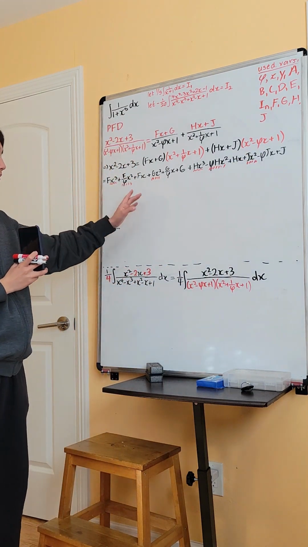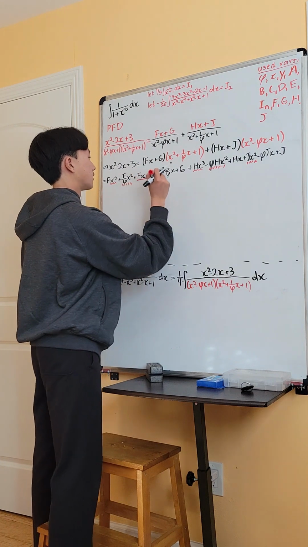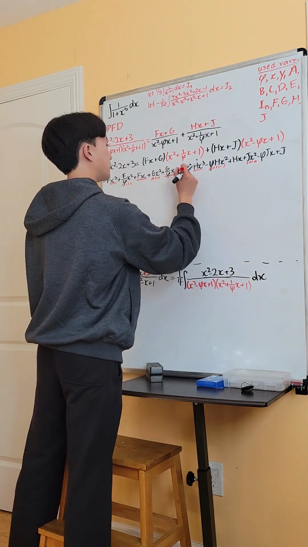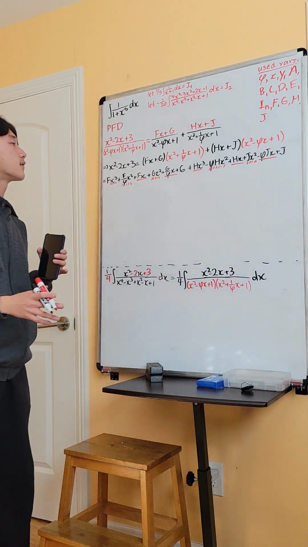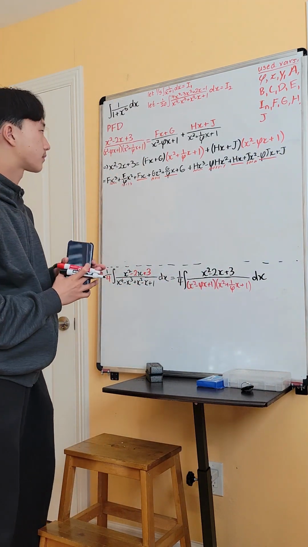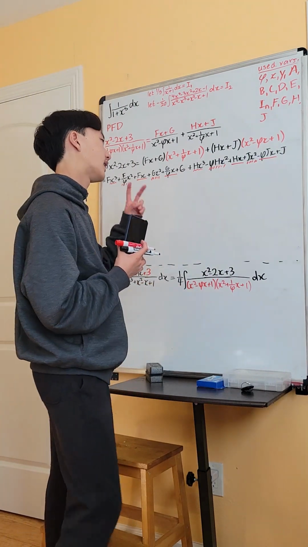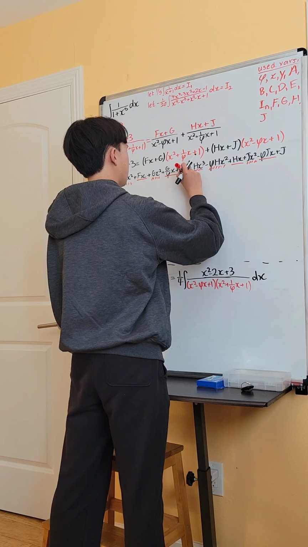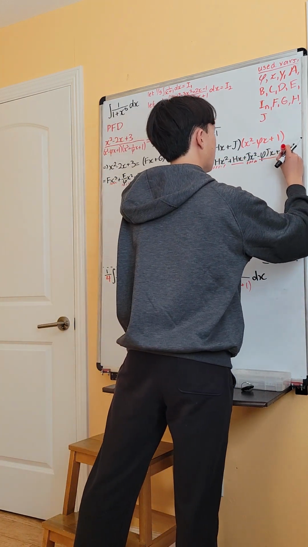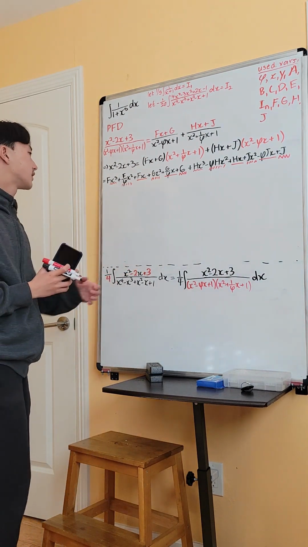In terms of linear terms, we have 4 as well: 1 here, 1 here, 1 here, and 1 here. And then finally our very nice constant terms, we only have 2: this one right here and this one right here. Okay, so now let's group this and create a system of equations.